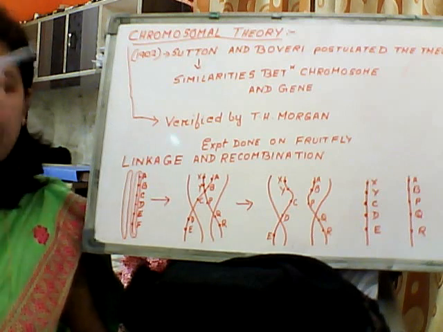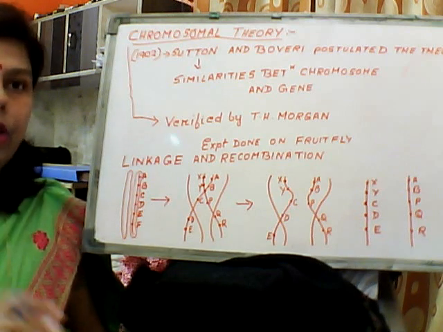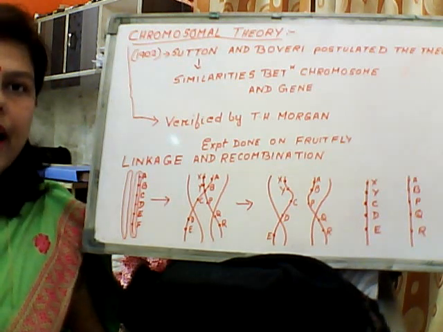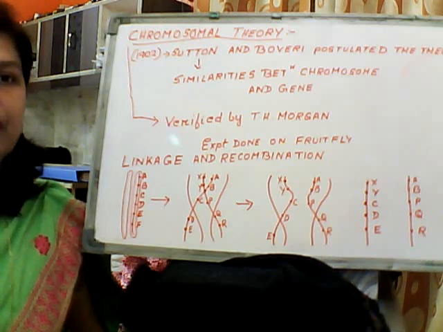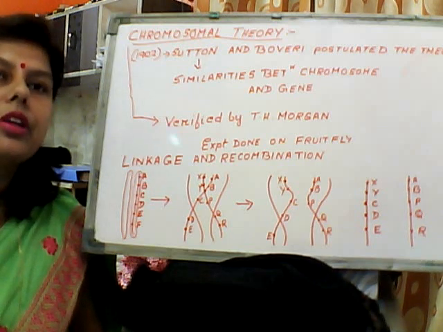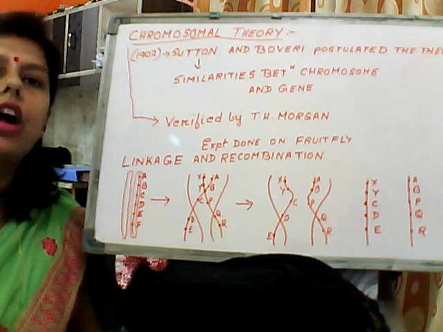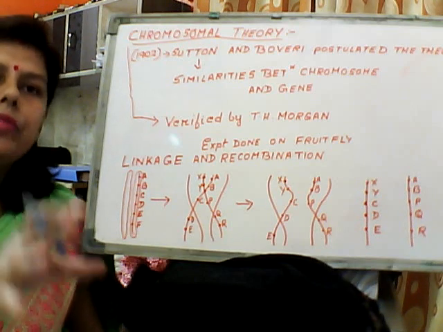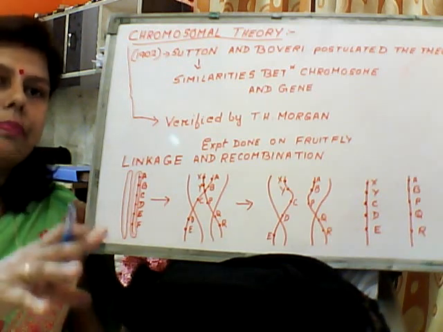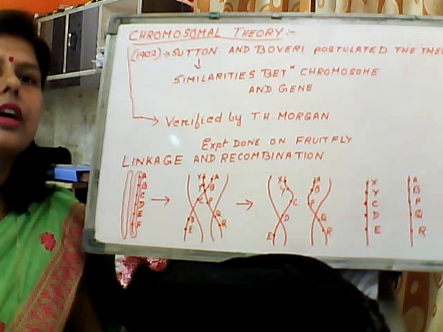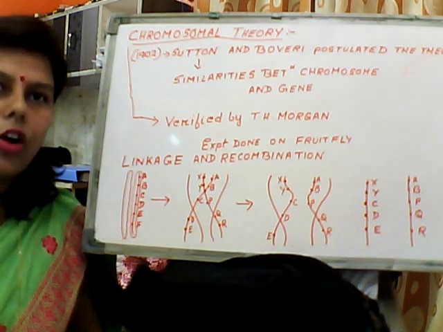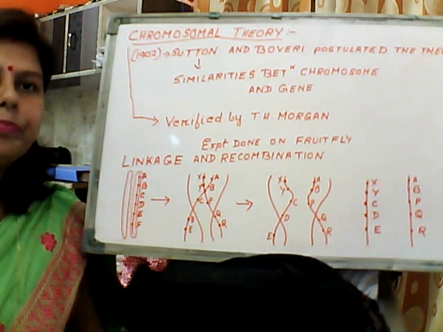So we know about haploid and diploid, at least a little bit, that the gametes always have n number of chromosomes, that means half the number of chromosomes. And in a particular individual, the chromosomes are always in diploid form, that is 2n.